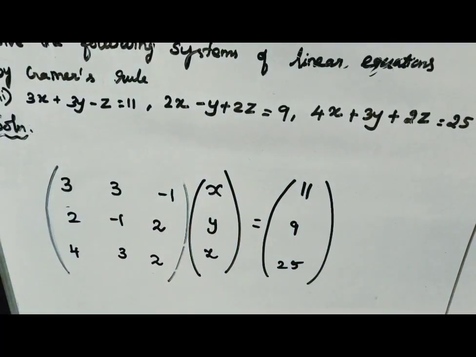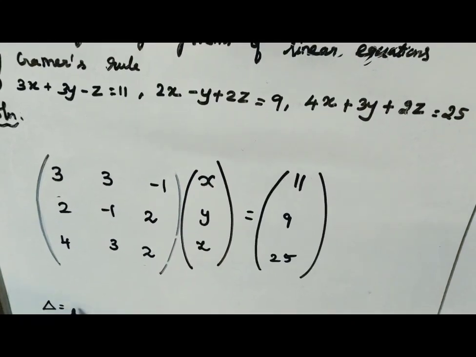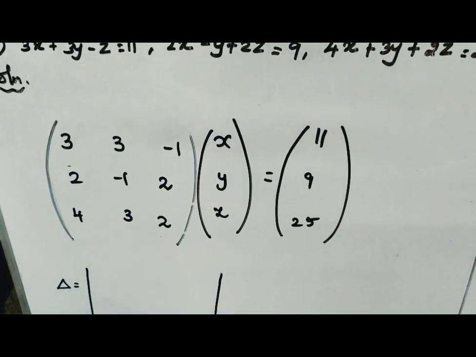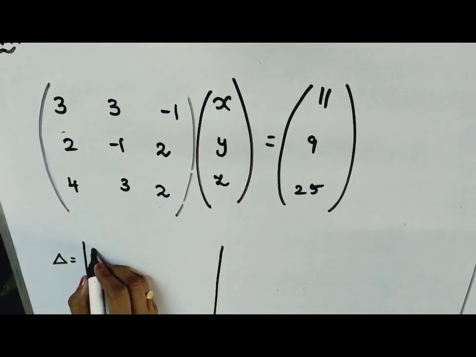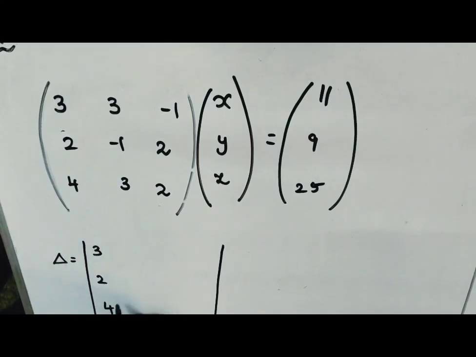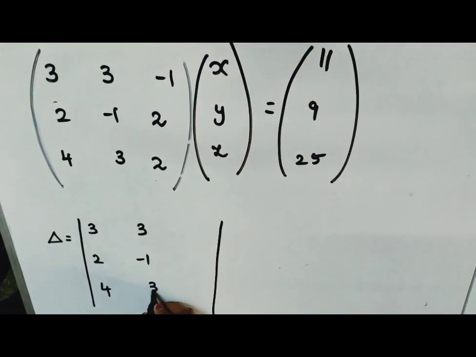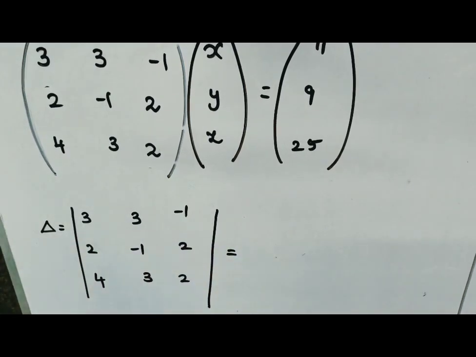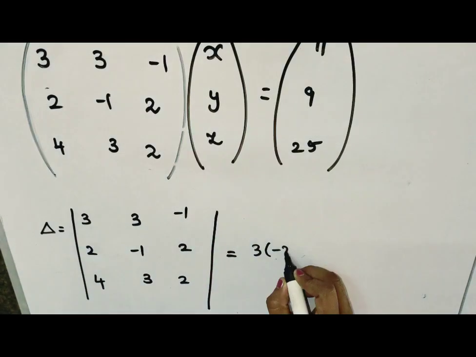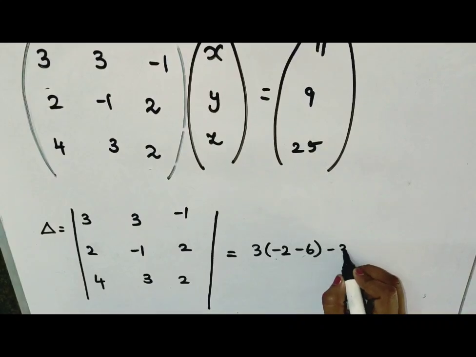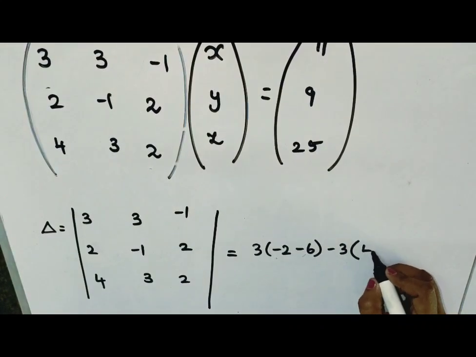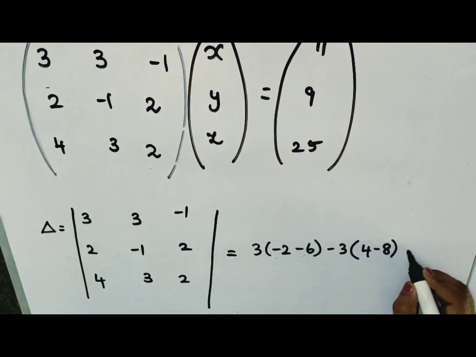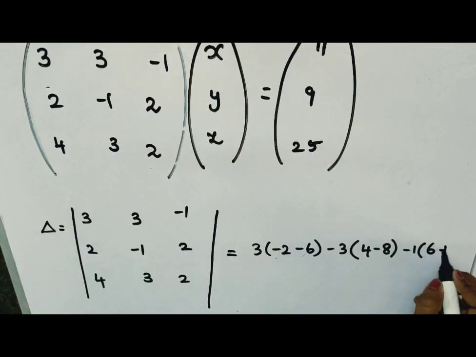So first we have to find the value of delta. When finding delta, we consider the same matrix without any changes: 3, 2, 4, 3, minus 1, 3, minus 1, 2, 2. So we have to find the determinant. 3 into minus 2 minus 6, minus 3 into 4 minus 8, minus 1 into 6 plus 4.